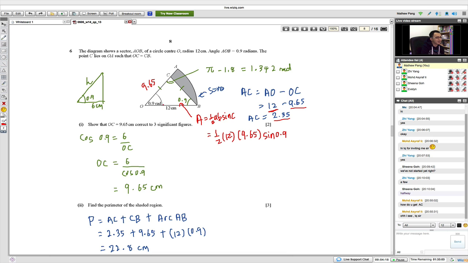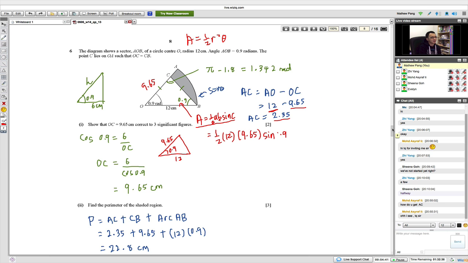You just imagine you have the triangle like this, and this length is 9.65, this length is 12, the middle is 0.9. So I use this formula. Right, so it's not too bad. And then the area of the whole sector will be A equals half r squared theta. So you have to remember all these formulas in order to solve this one.